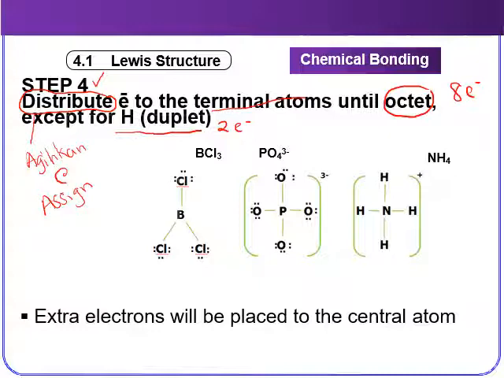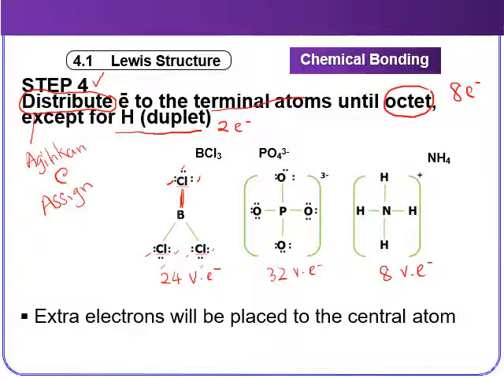Previously in step 1 we already calculated there are 24 valence electrons for BCl3, 32 valence electrons for PO4, and this one has 8 valence electrons. Now each bond here already has 2 electrons, so each terminal atom still needs another 6 electrons, so 2, 4, 6. Here also 2, 4, 6, 2, 4, 6.